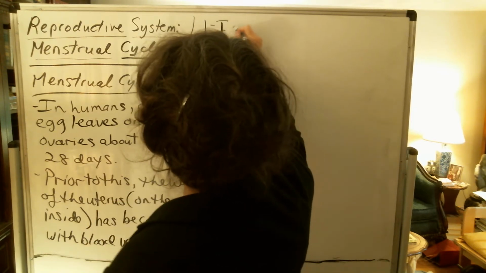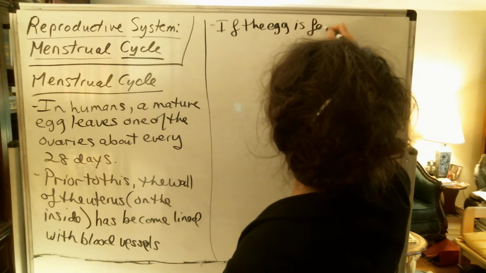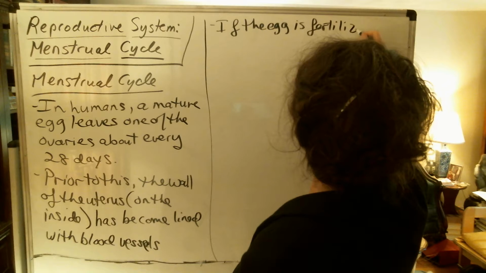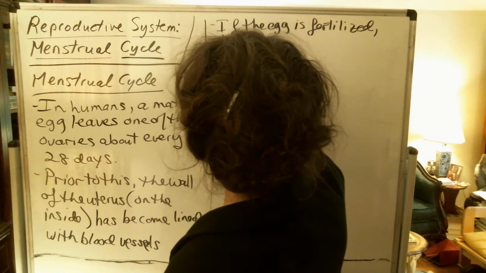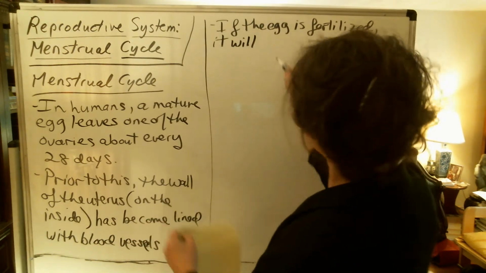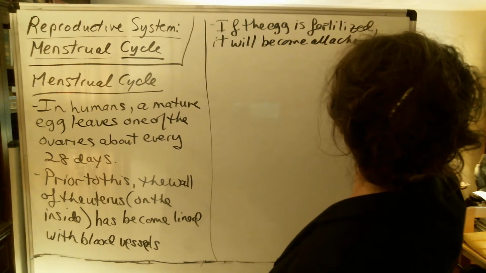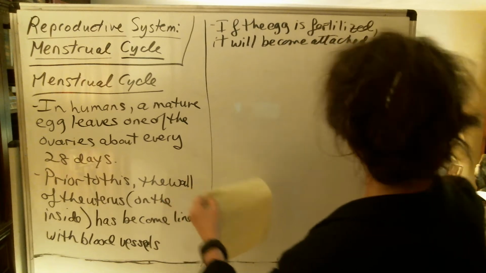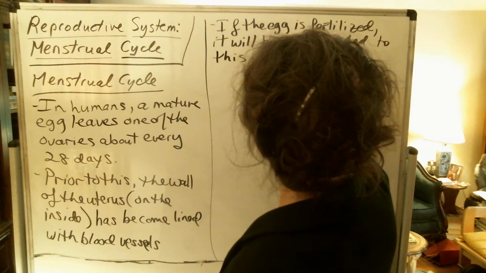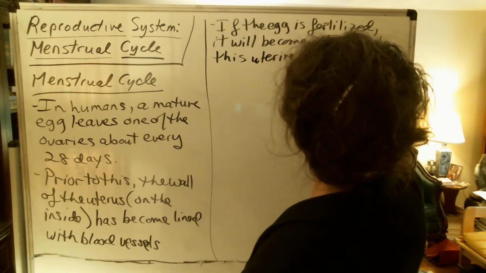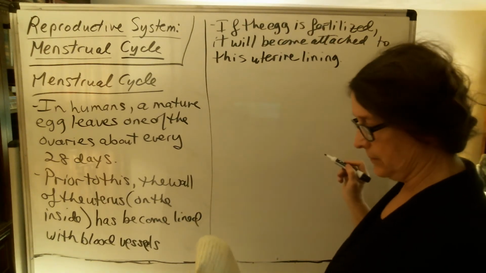And if the egg is fertilized, it will become attached to this uterine lining, if in fact implantation is successful.